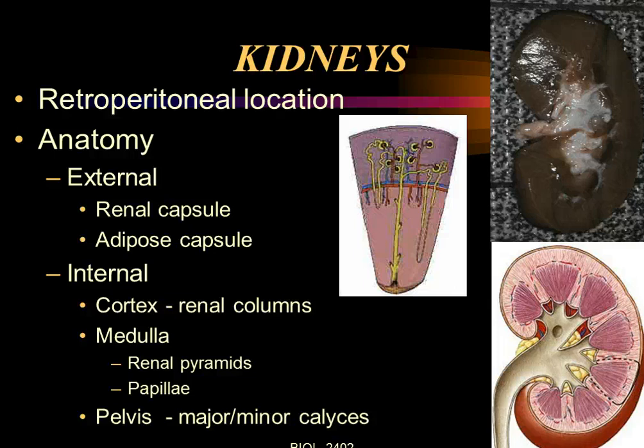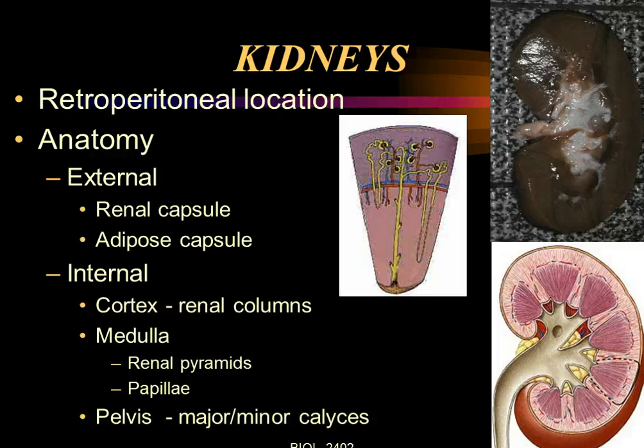So they are really filtering blood. They filter it time and time again, dozens and dozens and dozens of times a day. About a little over a liter goes through the kidneys each minute. Keep that in mind. It'll come back in a minute.